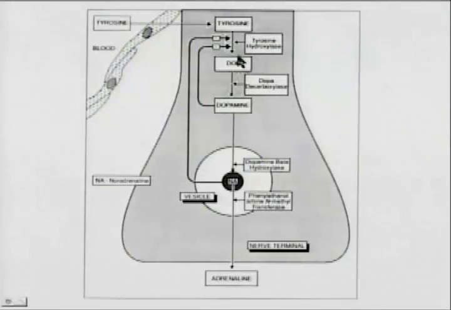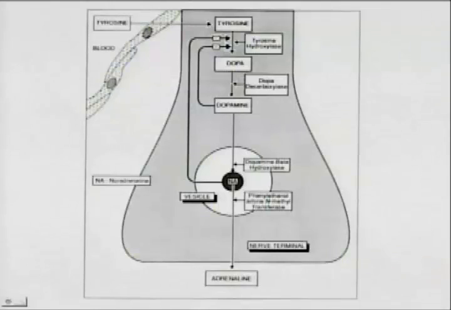The tyrosine, we'll look at the chemical structures of these molecules and the cofactors for the enzymes in just a moment. Dopa is produced in the cytoplasm. Dopa decarboxylase, AAAD, aromatic amino acid decarboxylase, remember, identical for catecholamines and for the indoamines, serotonin.